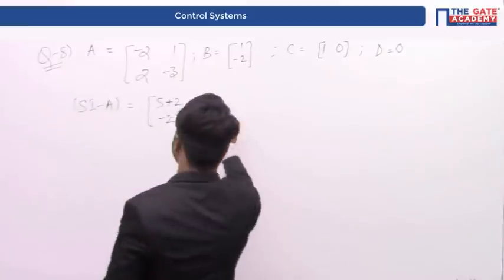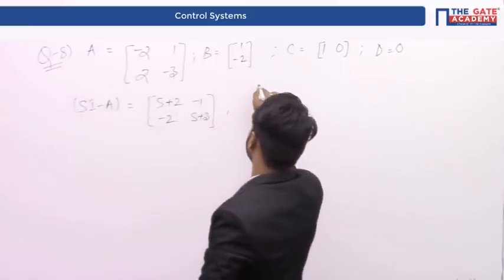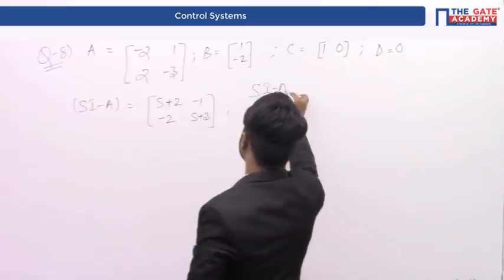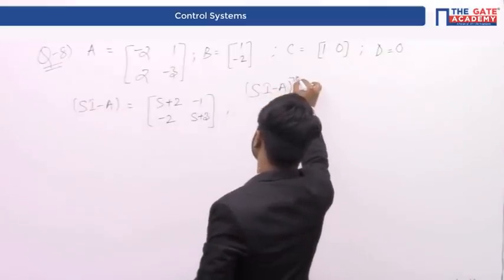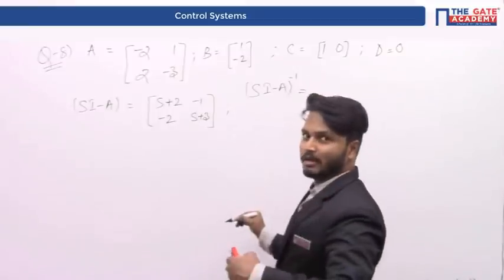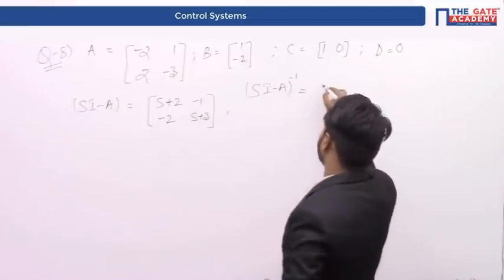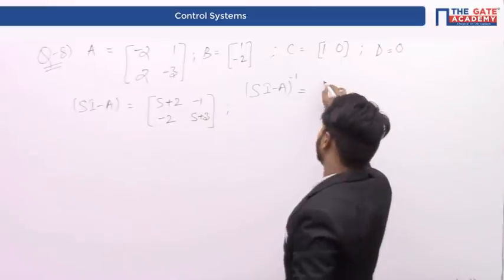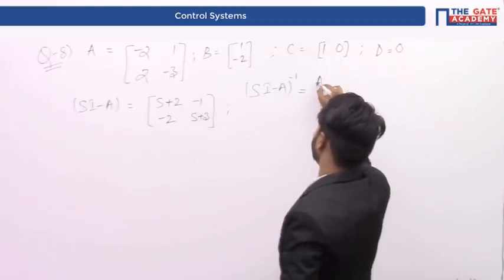In order to find (sI minus A) whole inverse, we need to find the adjoint divided by the determinant.